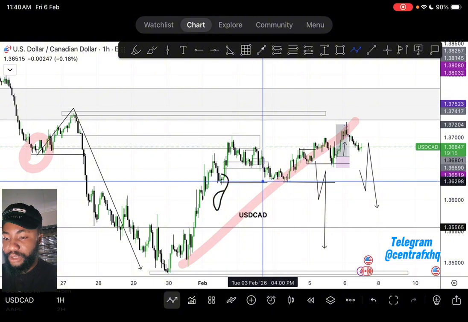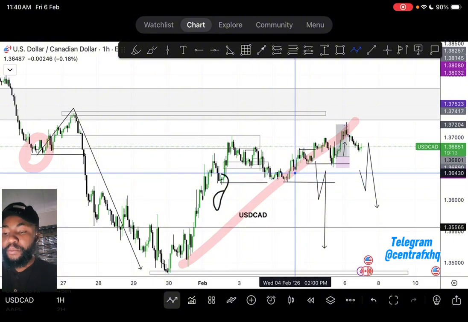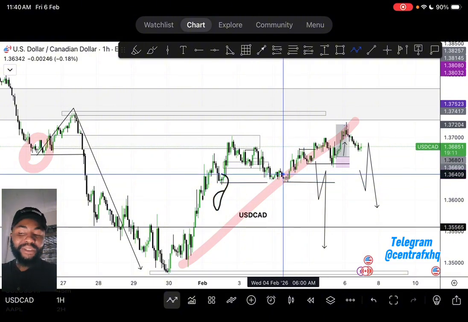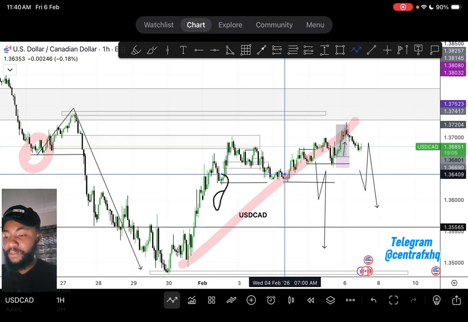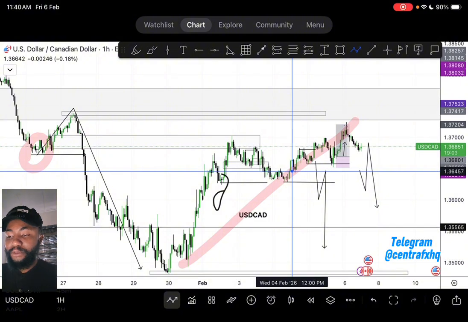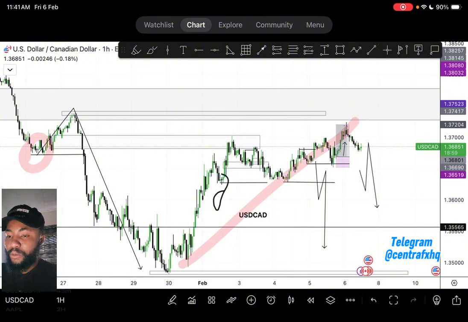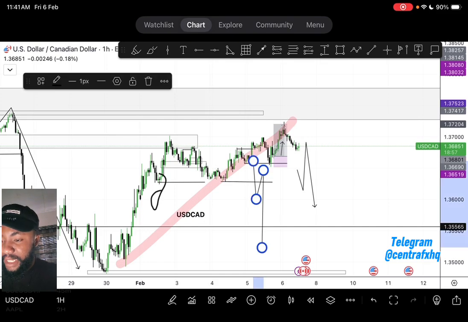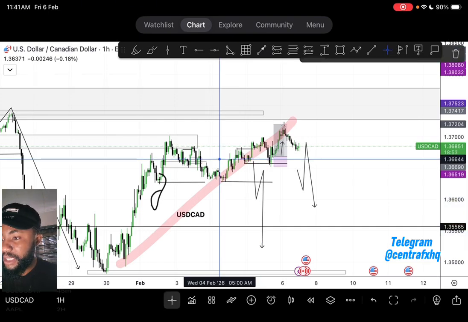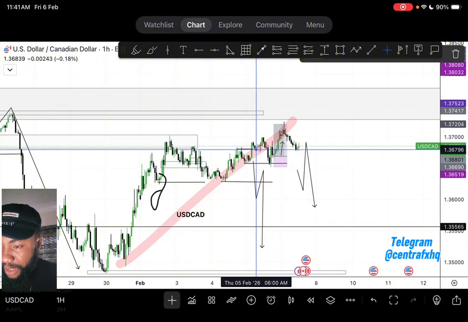But price wasn't able to take out this low. Because price hasn't given us that confirmation that it is ready to sell yet, we are going to continue looking for buy setups. So I just kept observing the chart, guys. What I saw the next day is that price created another opportunity right here.